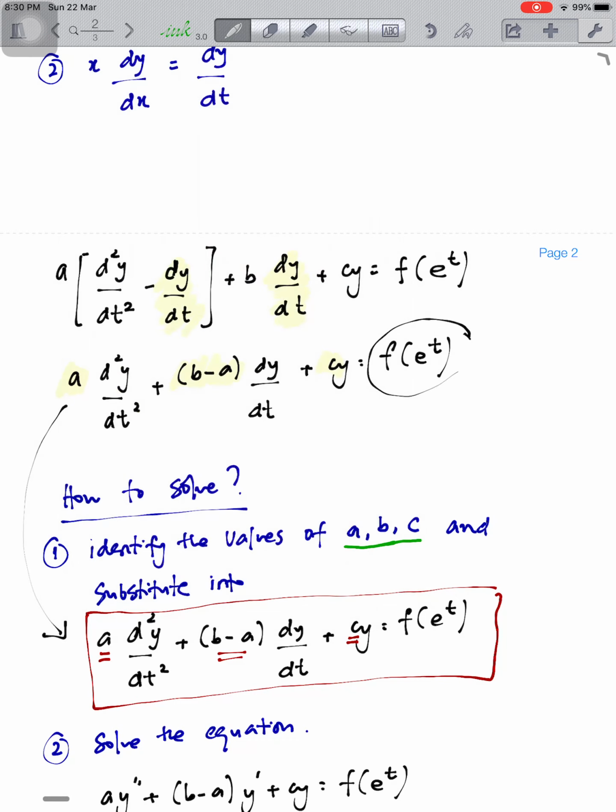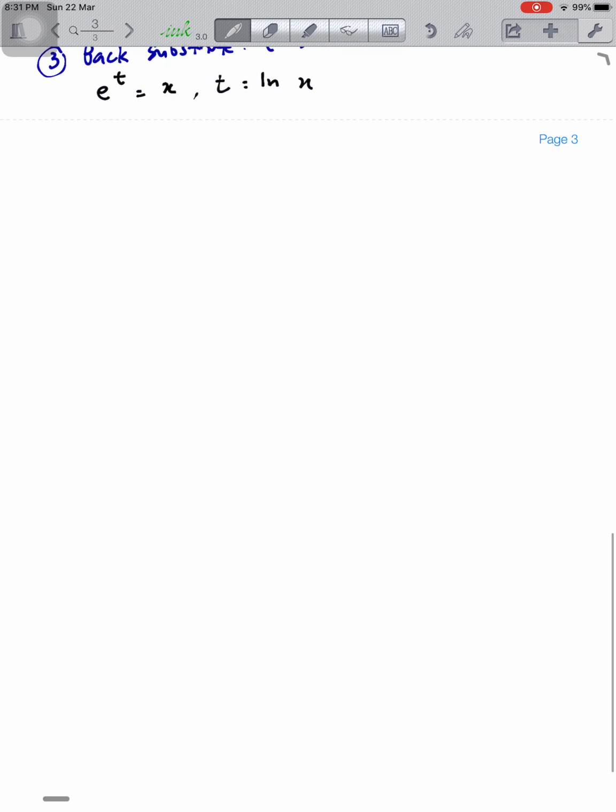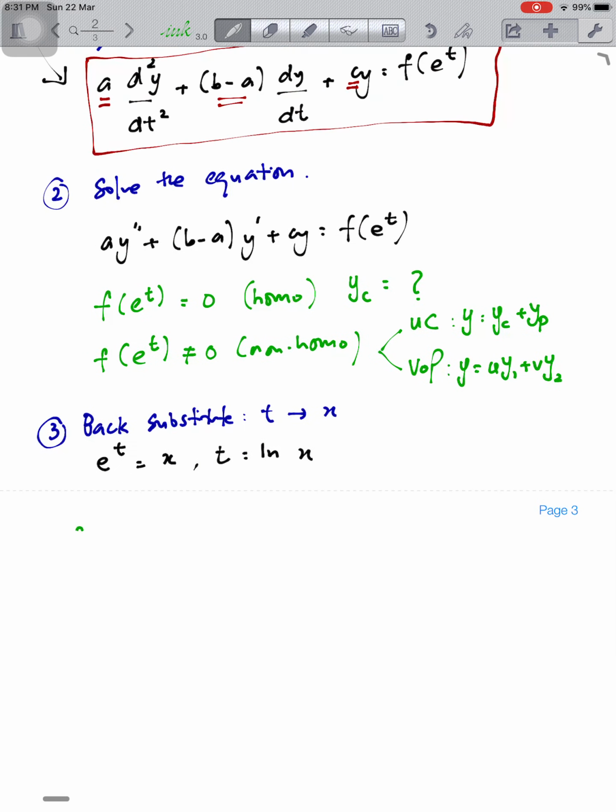So basically what you did is you convert from f of x to f of exponential of t. So let me give you an idea first before we start with the example. How do we convert from f of x to f of exponential of t? This is what we're going to do on the right hand side of the equation.